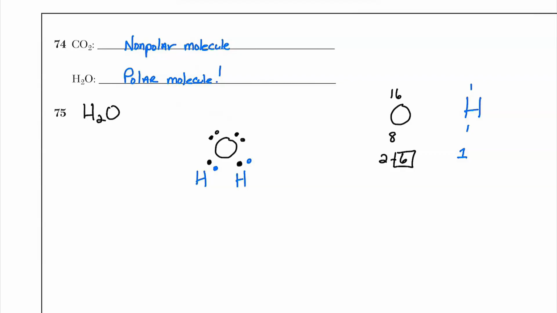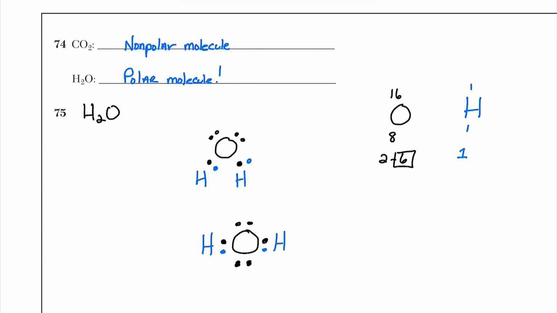You could also have done it like this. Have an O, and some people put the 2 lone pairs here. Right. This is troubling because you could think that water might be linear, but it's totally acceptable as well.